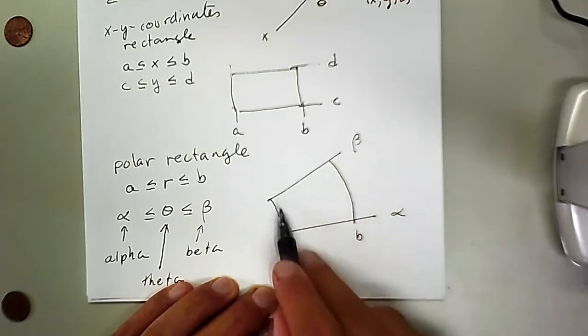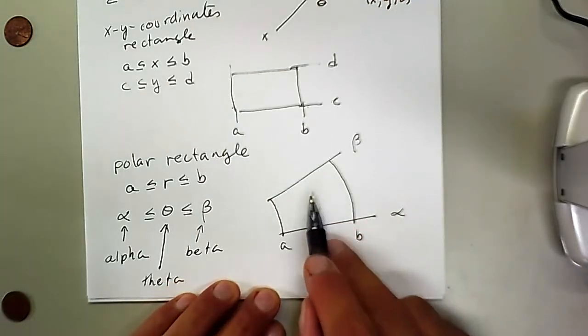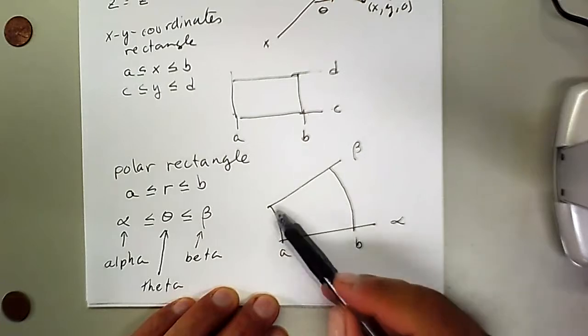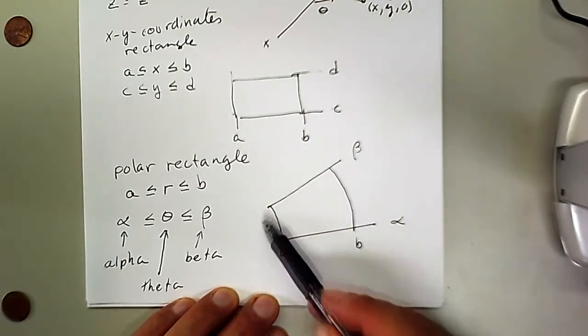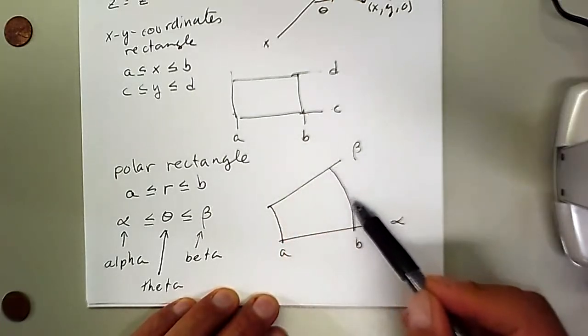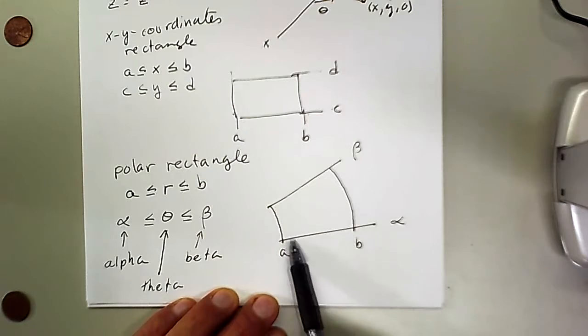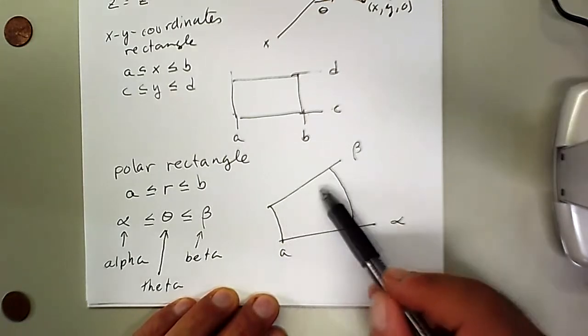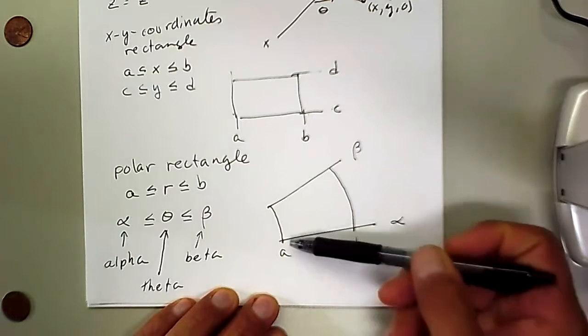So this is what I call a polar rectangle, which doesn't look anything like that. It does have four sides, I guess, 1, 2, 3, 4, but these are curved sides. Now, this distance going up is maintained. It is the same from a to b, and the angle goes from here to here.